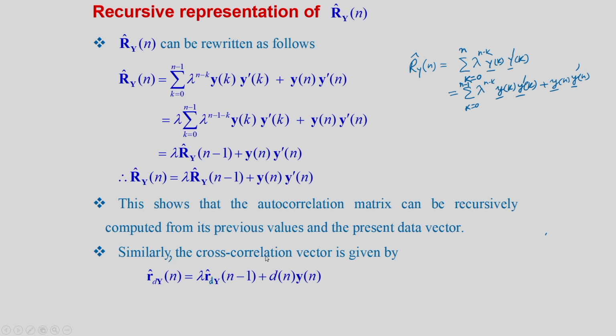Similarly, the cross correlation vector r dy hat n can also be recursively obtained: lambda times r dy hat n minus 1 plus d n into y n vector. So, this way we can update the cross correlation function.